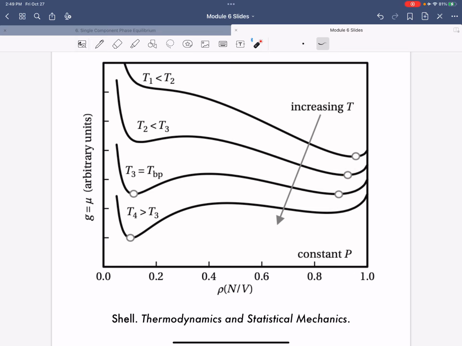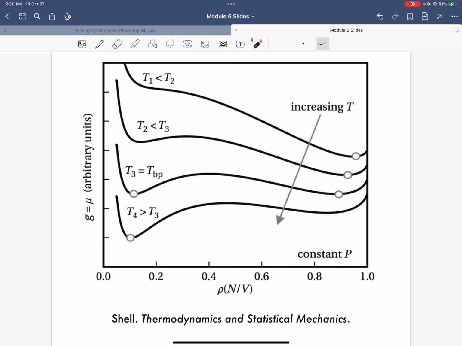But when the temperature is equal to the boiling point temperature of the system, we now see that the Gibbs energy here is equal to the Gibbs energy here. So the two minima have the same value. It's at that point where the system is capable of phase separating into a low density phase, a vapor, and a high density phase, a liquid in this case.